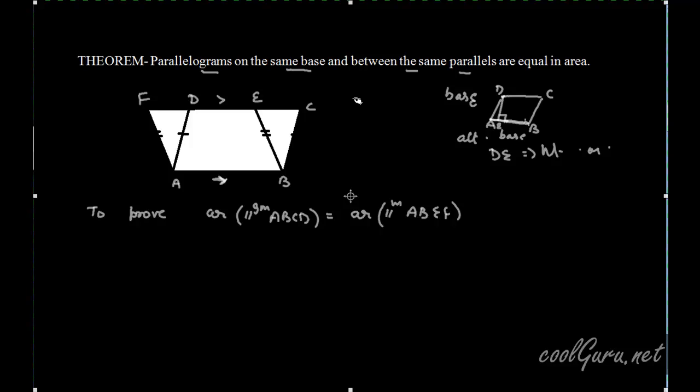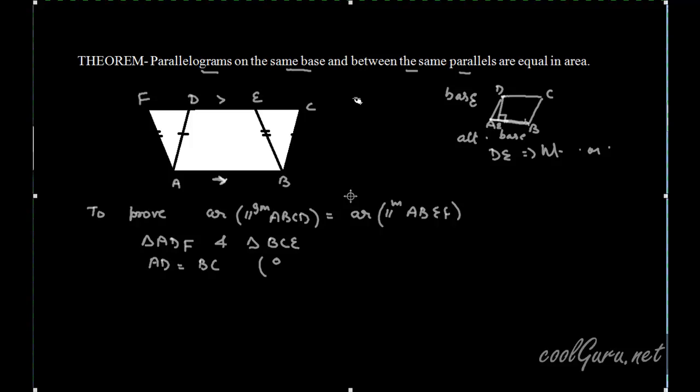Now for that, first consider triangle ADF and triangle BCE. We will prove that these two triangles are congruent. For that, first AD is equal to BC. Why?